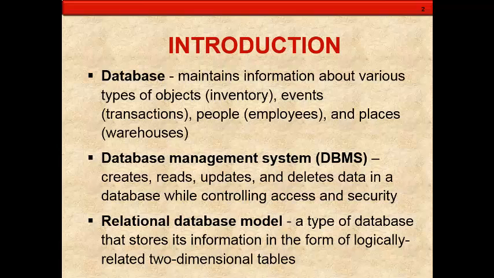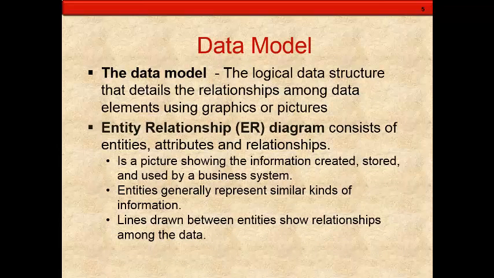So in designing a database, we first design the data model, which is the logical data structure that details the relationships among the data elements using pictures or graphics. And this graphic is called an entity relationship diagram.